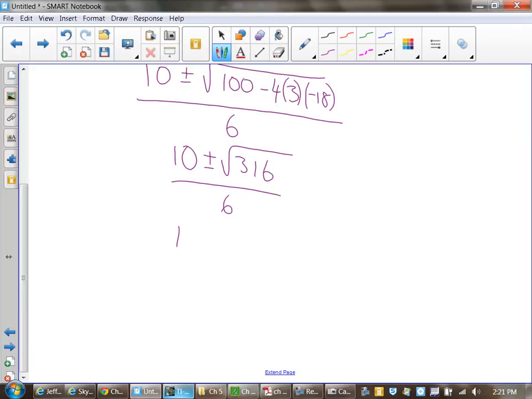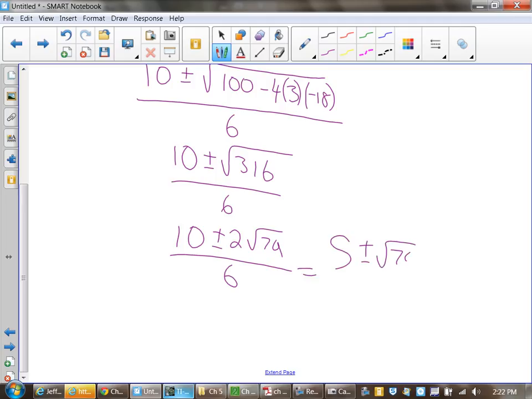You look at your perfect squares, because that's 4. Now, all of these numbers, 10, 2, and 6, they're all divisible by what? 2. And that's how you simplify these. You get 5 plus or minus the square root of 79 all over 3.